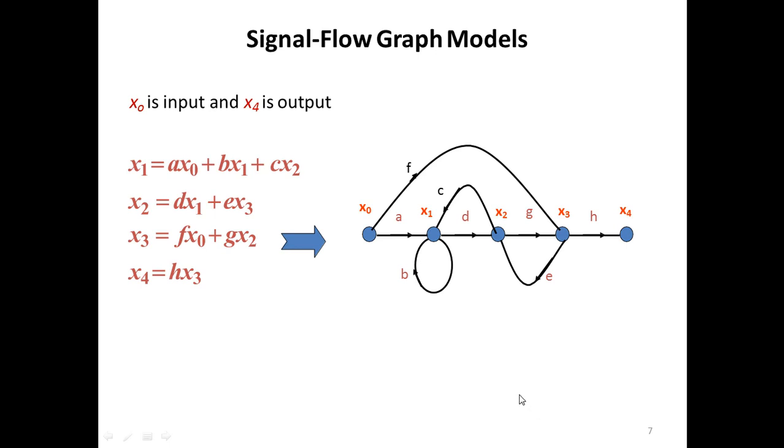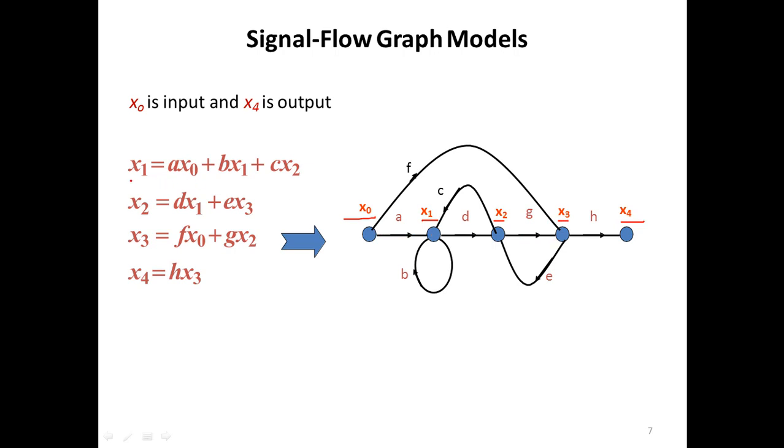Now there is a more complicated, a bit complicated, not that much complicated, example. You can see that X0 is your input, and X4 is your output, and there are 4 nodes involved, X1, X2 and X3 being the 3 intermediate nodes.